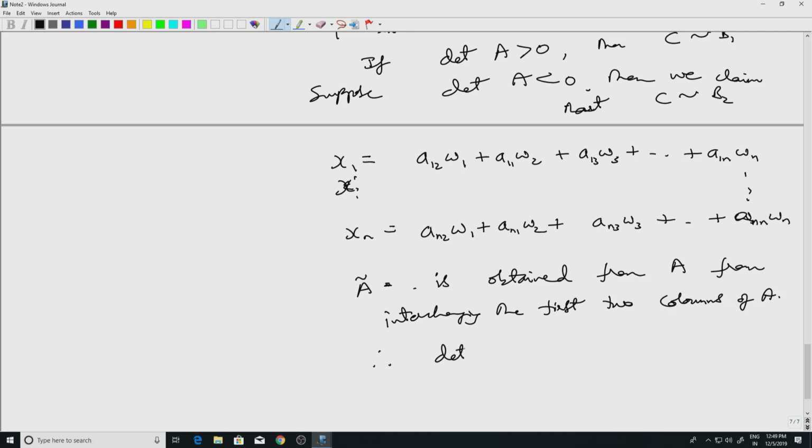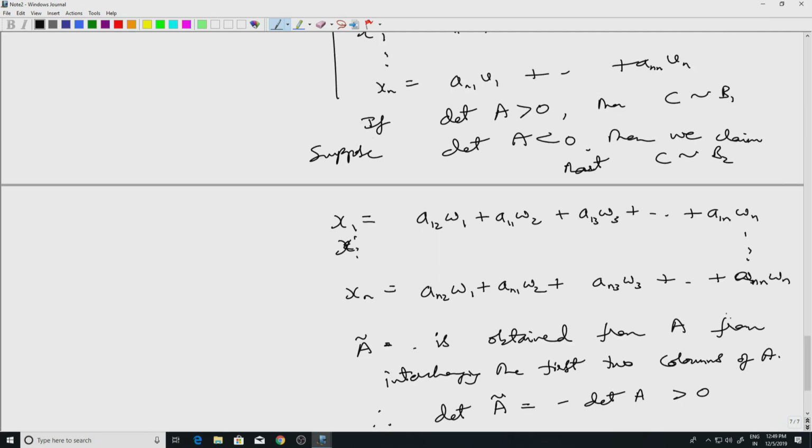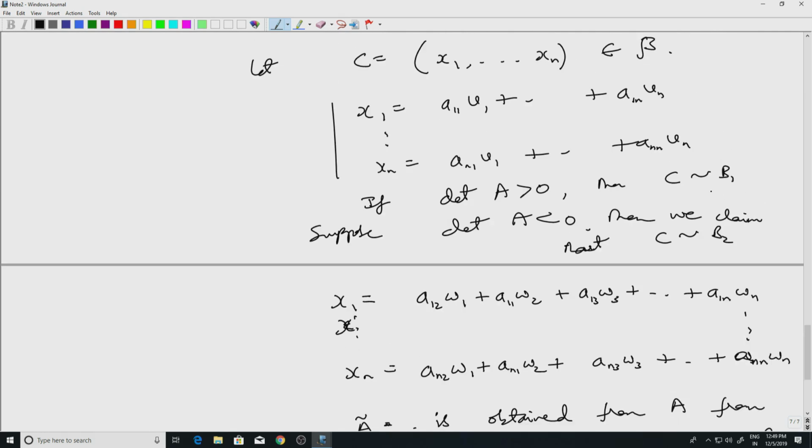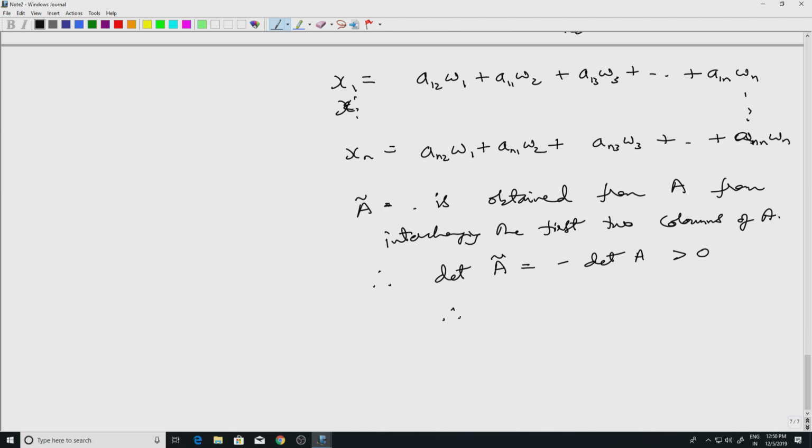Therefore, det A tilde is equal to the negative of det A, and we already assumed that det A is negative, so this is positive. So therefore, C is equivalent to B2. So we have two equivalence classes.